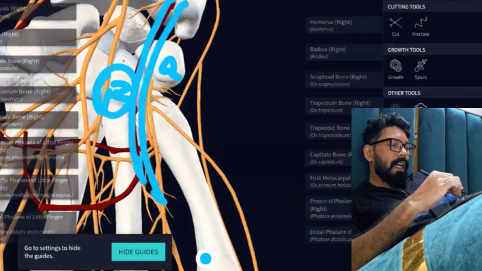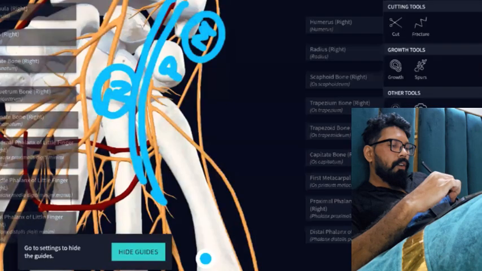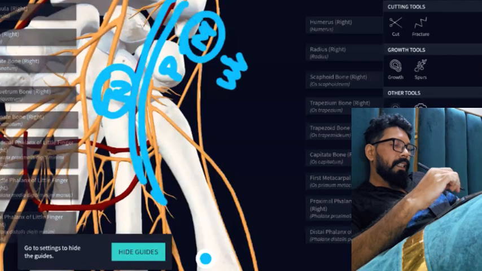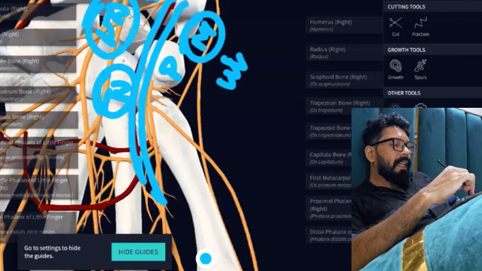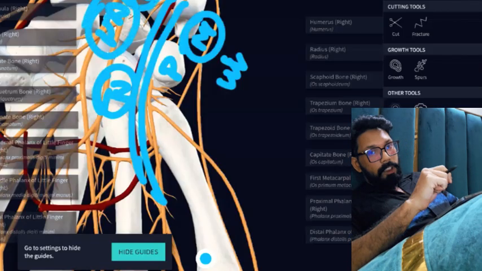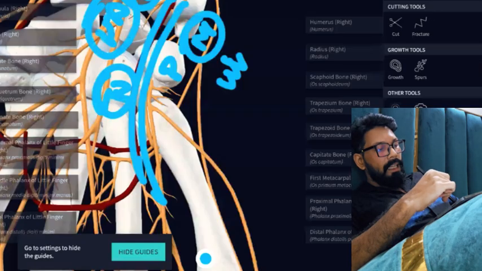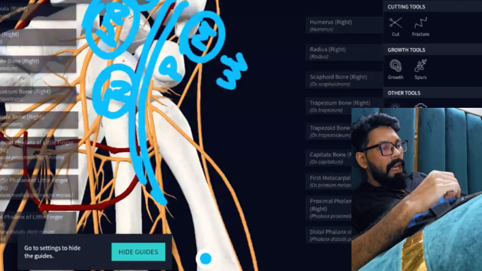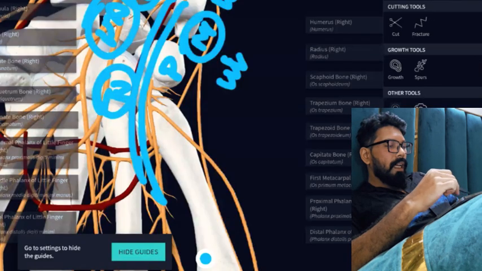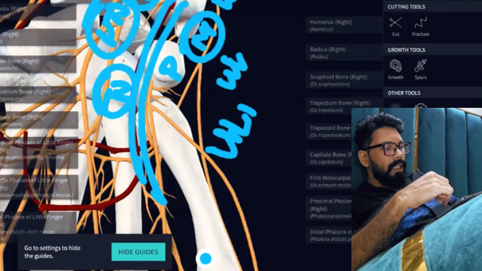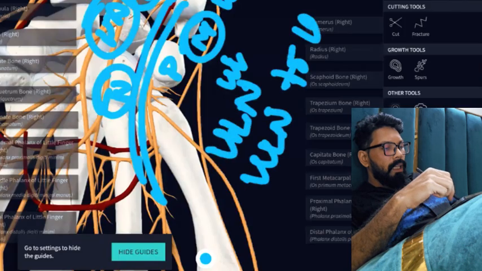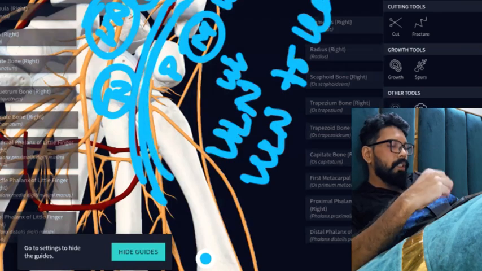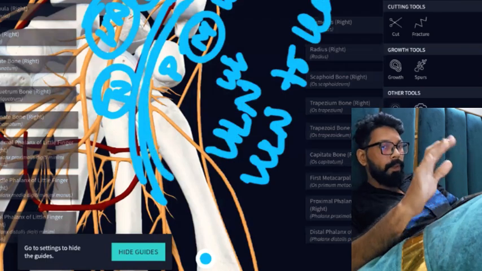Here we have the ulnar nerve medially, on the ulnar side, and here we have the ulnar artery laterally, on the radial side. They give you this question: the ulnar nerve is ulnar to the ulnar artery. I have explained everything beautifully.